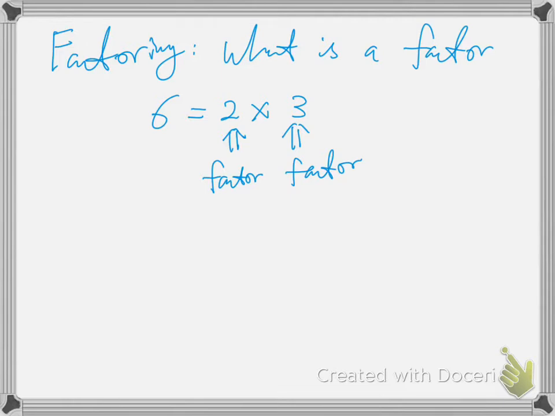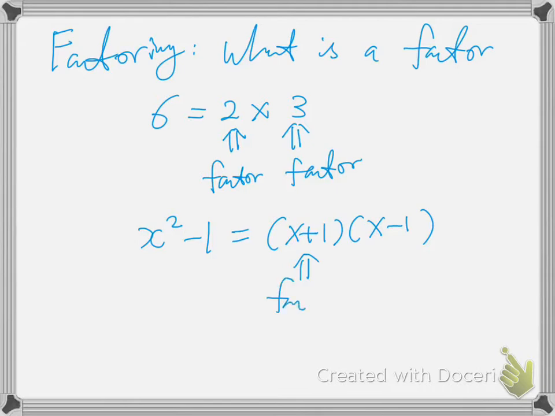So in Math 5, we don't want to rewrite a number as a product. We will rewrite something with letters. For example, we may write down x squared minus 1 is x plus 1 times x minus 1. Then x plus 1 is a factor, and x minus 1 is another factor.